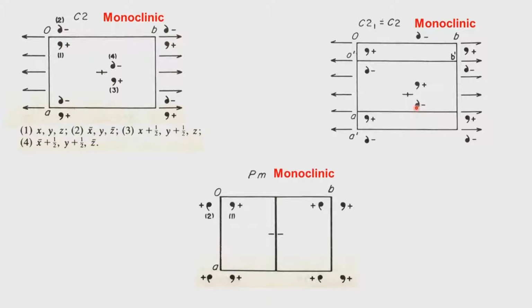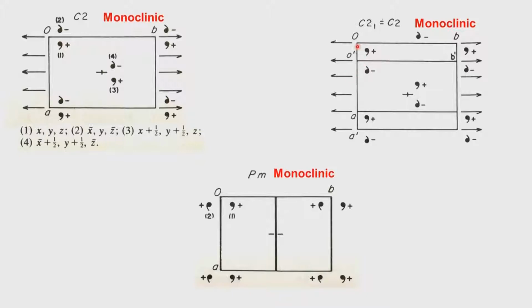Other than that, we also have an additional point which will get generated due to C centering, and that comes up here at half plus x, half plus y, z. Now, these two objects are not directly related, but they are related through the operation of the 2-1 symmetry again.